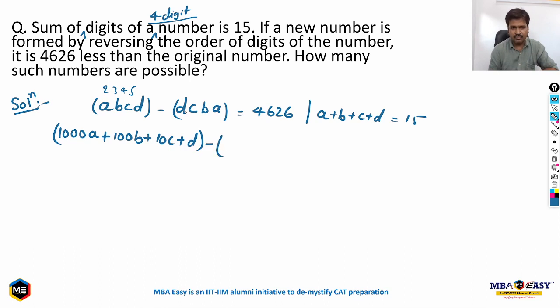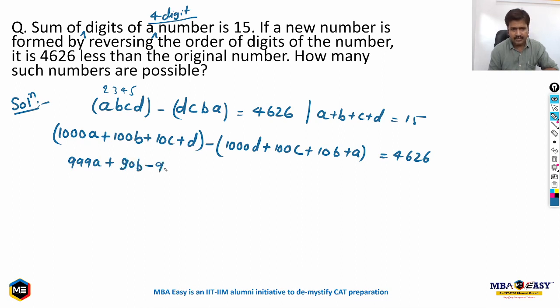This minus this one, this becomes 1000D plus 100C plus 10B plus A, and this is given as 4626, right? So if you subtract, you'll get 999A plus 90B minus 90C minus 999D, and this is 4626, right?